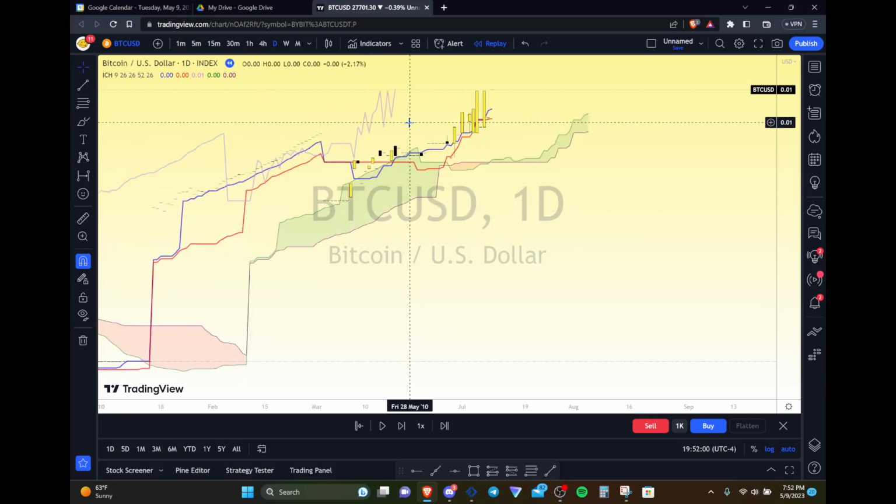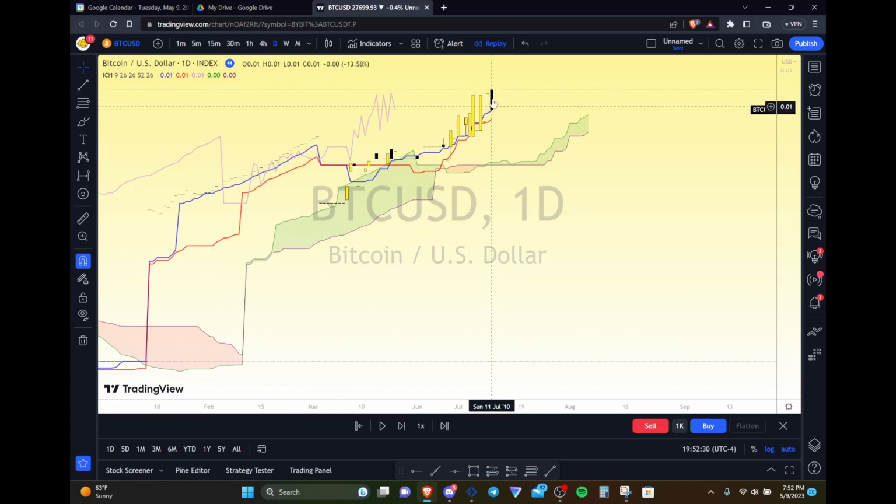Now, full transparency, I actually have not gone all the way back to Bitcoin to backtest this with Ichimoku in a very long time. So I'm going to take it slow, because I'm going to be using TradingView's buy-sell buttons here. And they're really convenient, but the problem is if you make a mistake, let's say I want to buy here, but I press the button too fast and I end up getting this candle here.